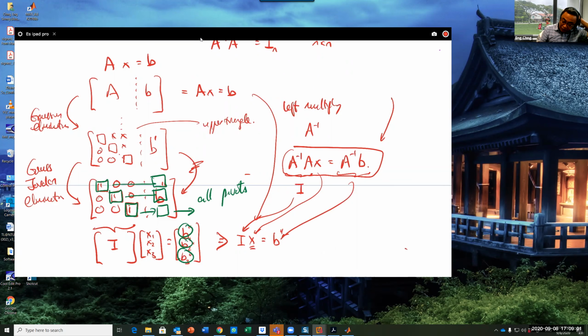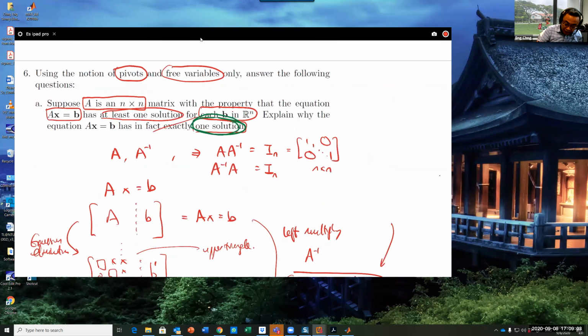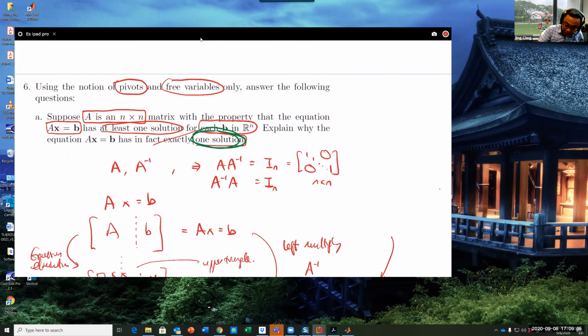So in this particular example, because I need every B in the right hand side Rn to have a solution, that means all the pivots must exist. Okay, so that's the answer.